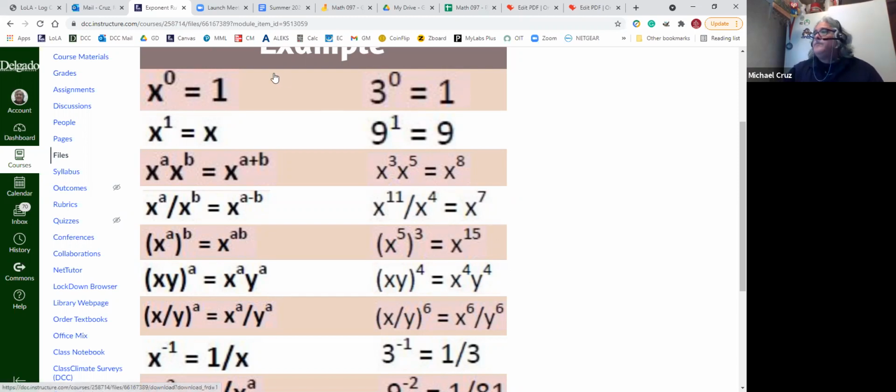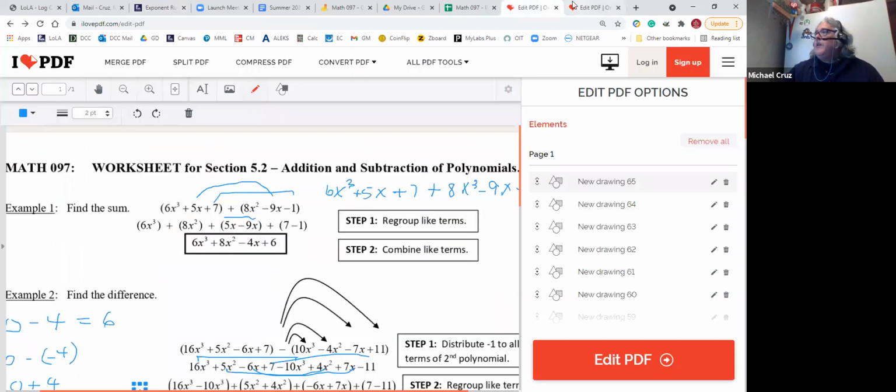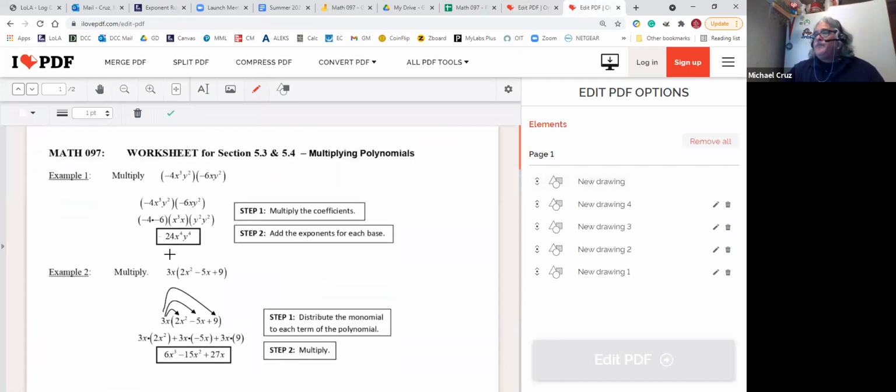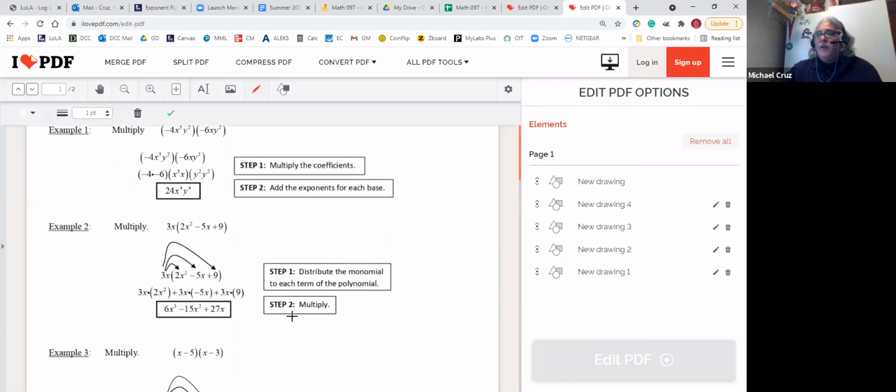All right. So back over here. Now, it doesn't matter which ones we multiply because we're multiplying several of these here. On this one, we got 3 terms we're multiplying. We're multiplying the 3x times the 2x. So they break it down here, showing you what you're multiplying, and the 3x times the negative 5x, and the 3x times the 9. And we're just following through.